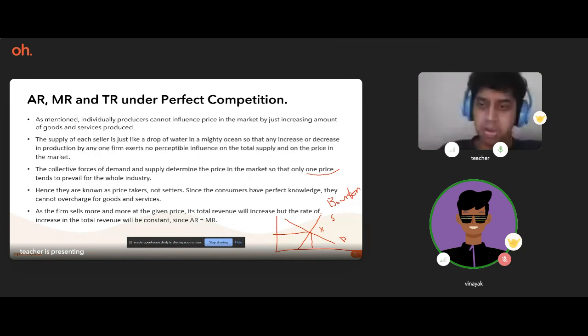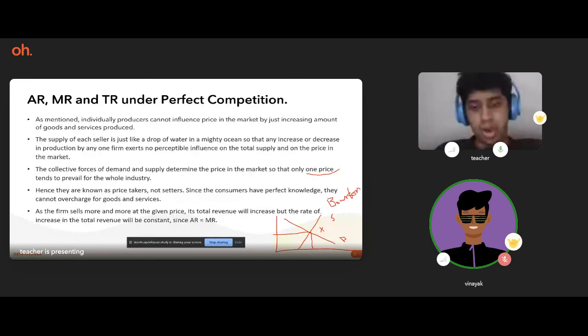We'll get to that point later. The point that I'm trying to make here is that this bourbon biscuit is being manufactured by multiple companies, which is a perfect example of a homogeneous product in action, where you have multiple companies manufacturing the same thing.